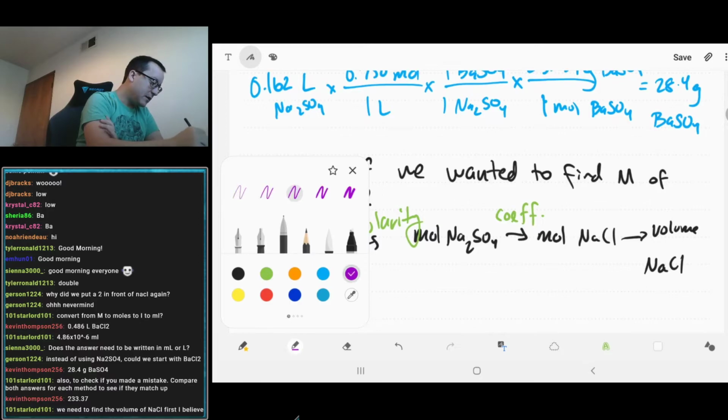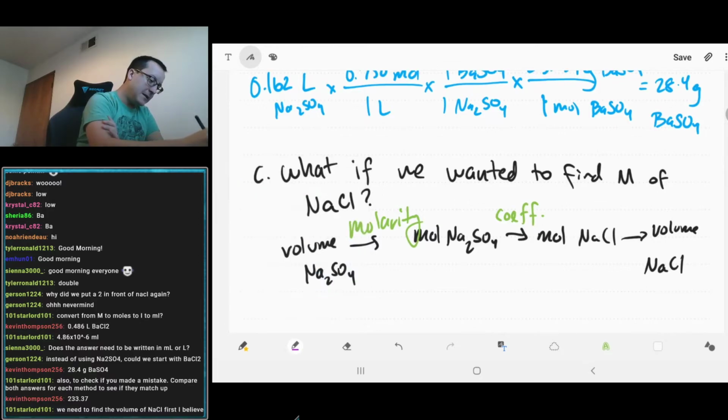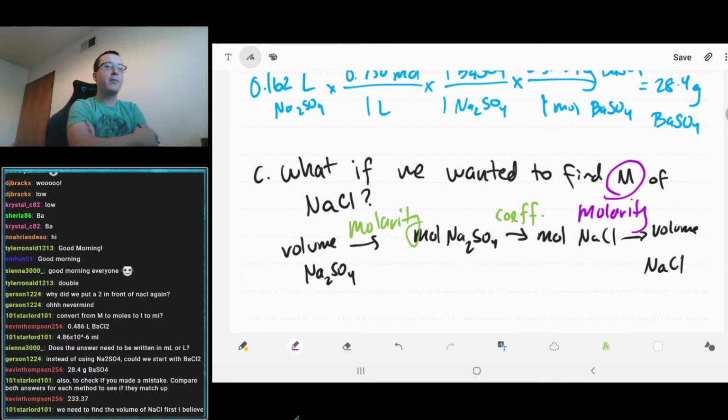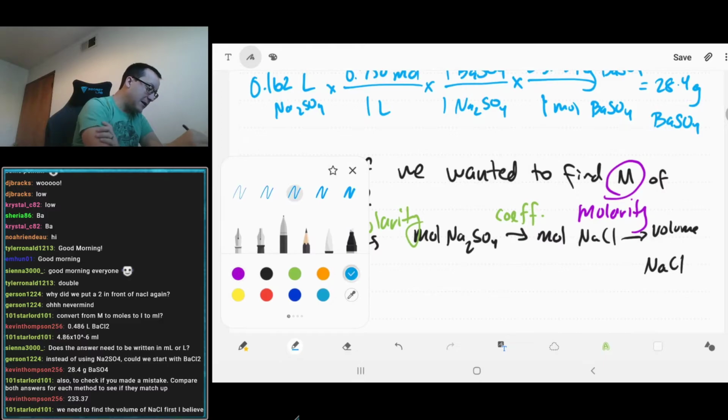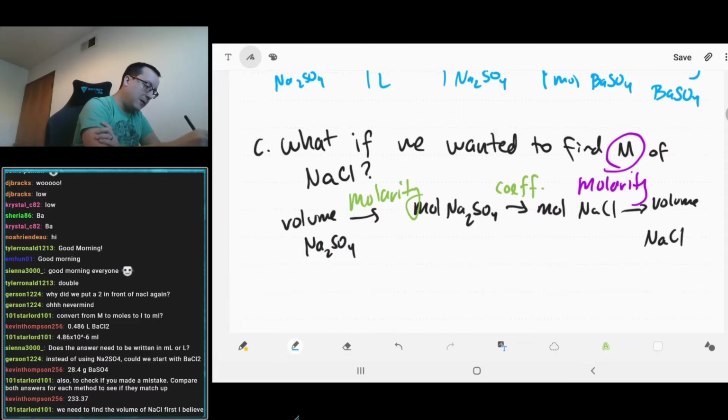So this is the molarity we are looking for. That's this guy, the one that is going to be what we're looking for. So in this case, believe it or not, we can find this.